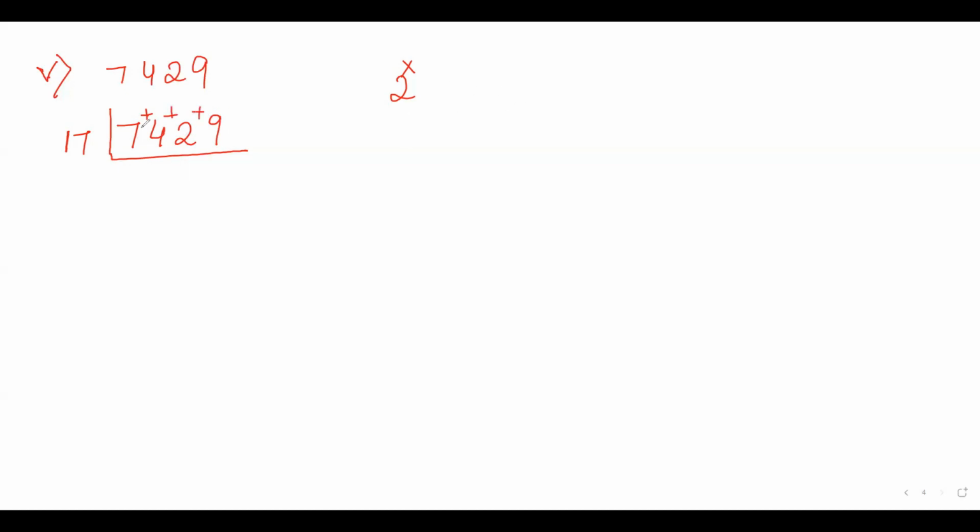That means 22 is the sum of all digits. 3 will not divide this number. 5 will not divide this number, as you are having 9 in the unit place. 7, 11 will also not divide this number. 13 also is not, all the prime numbers you try, 7, 11, 13. So 17 will be dividing this number.